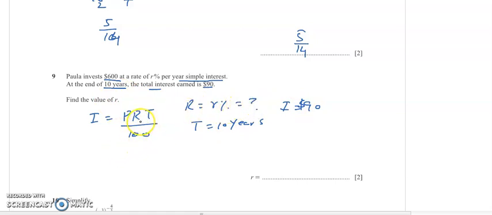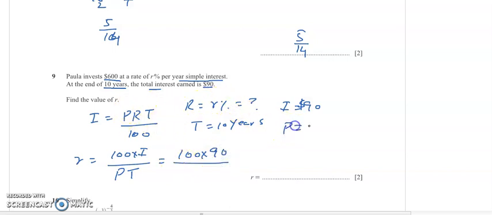So from here, if I separate R, the formula of R will be 100 times I over P times T. So putting the values, we will get 100 times the interest, 90, over P. The principal is given here, we can see it is $600. The amount invested is $600, times T, 10 years.